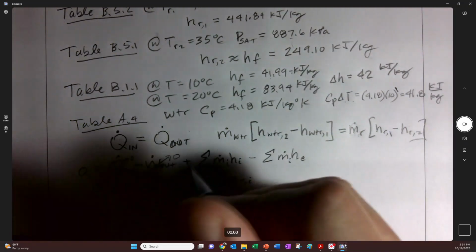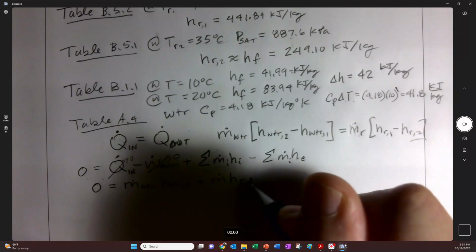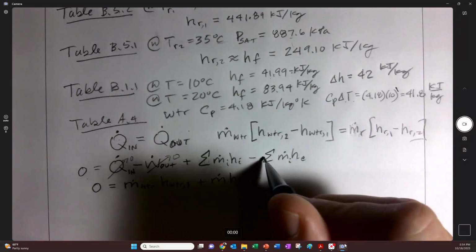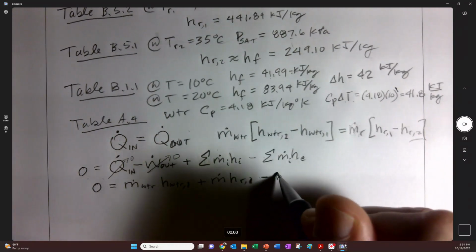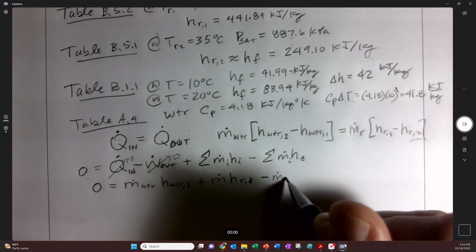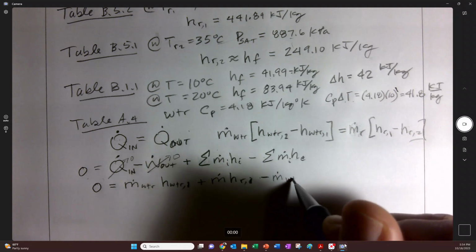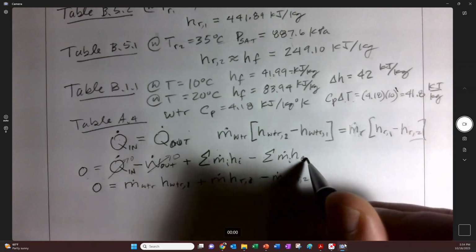So this should really be 1, that should be 1 for in, and then minus m dot water out. But that's 2 because it's exit.